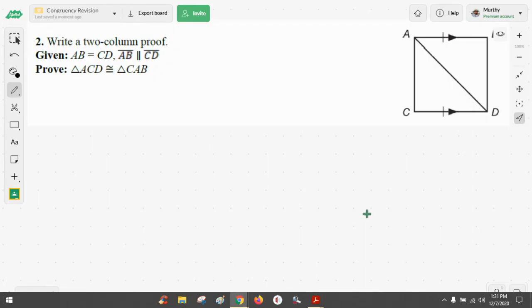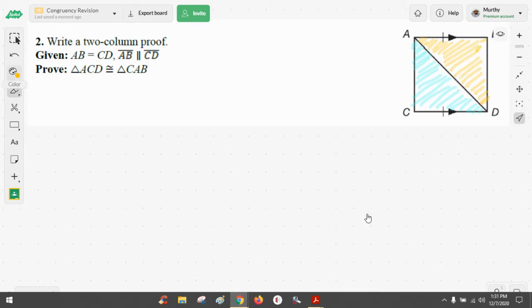Here, I see two triangles once again. So let me mark them. Oh, already they are marked. So let me shade these two triangles with two different colors so that I can see clearly what the two triangles are.